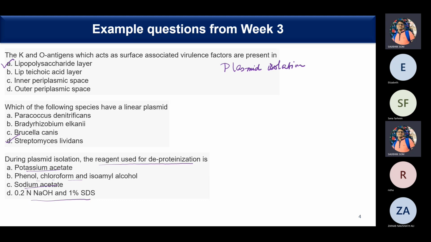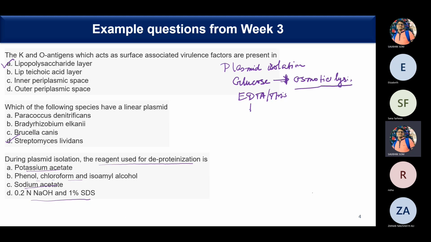So solution 1 contains glucose, Tris and EDTA. So what does each do? Glucose prevents osmotic lysis, so it maintains the osmotic pressure.